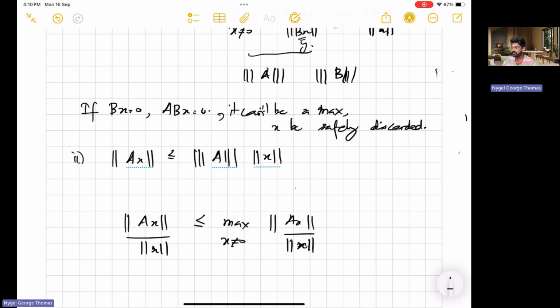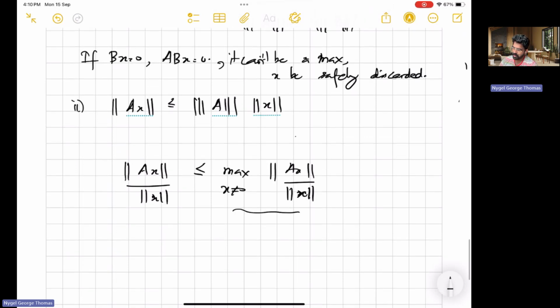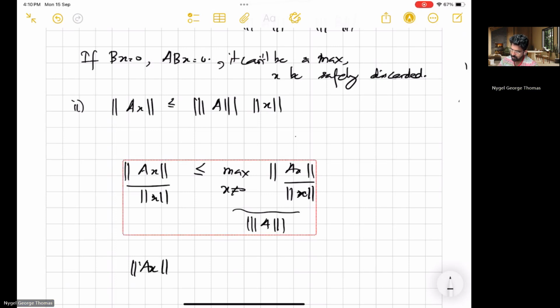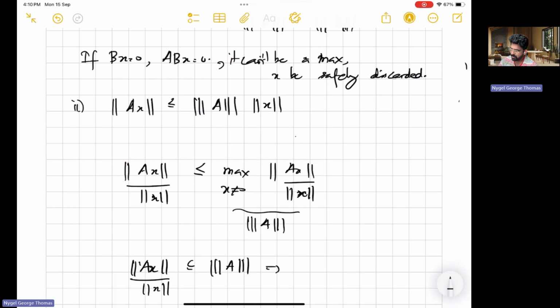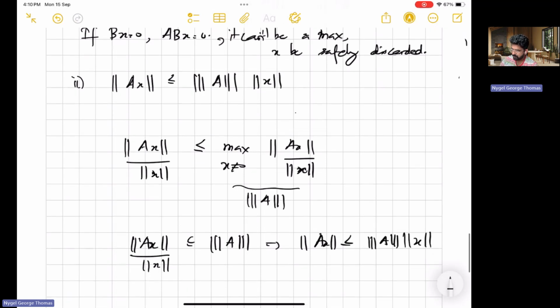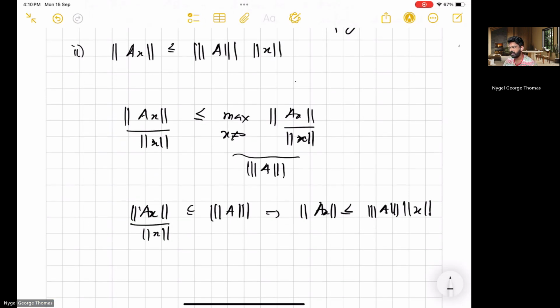Because this is one value and the maximum value will always be greater than this quantity. But this is actually the matrix norm of A. So norm AX by norm X is less than or equal to matrix norm of A, which implies norm of AX is less than or equal to matrix norm of A times norm of X. Right. This is also proved.